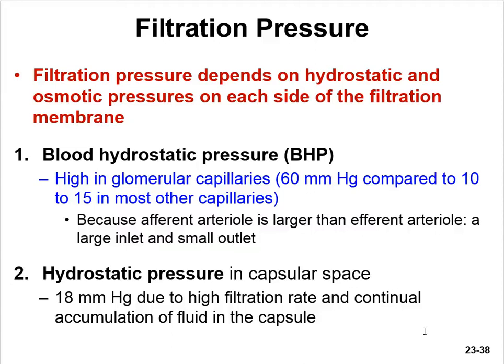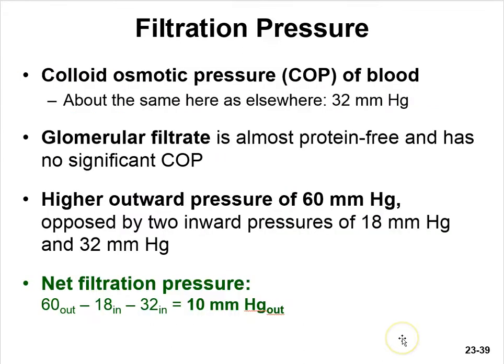The colloid osmotic pressure, or COP for short, of the blood is about the same here as anywhere else, about 32 millimeters of mercury. The glomerular filtrate is almost protein-free, and so therefore doesn't have a significant COP. But it could change markedly in kidney diseases that allow proteins into the capsular space.